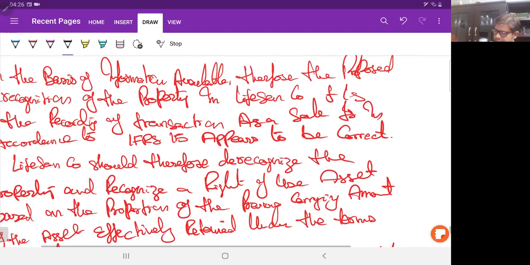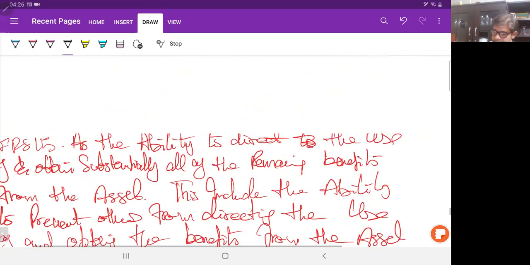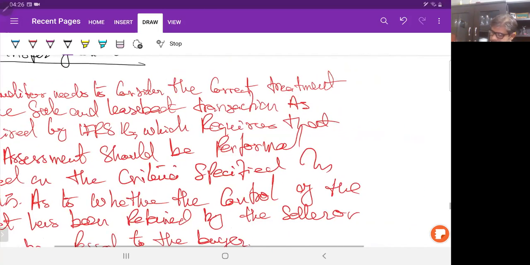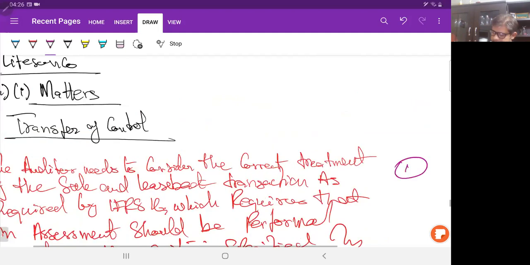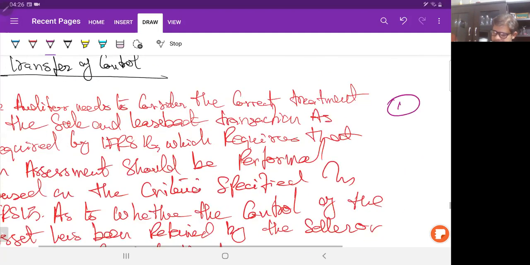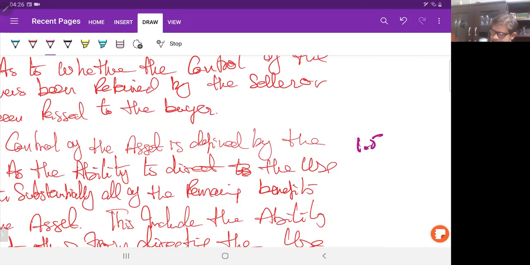How many marks have I scored? For transfer of control so far, 1.5 marks for this paragraph, 1.5 for this paragraph, total 3 marks so far.